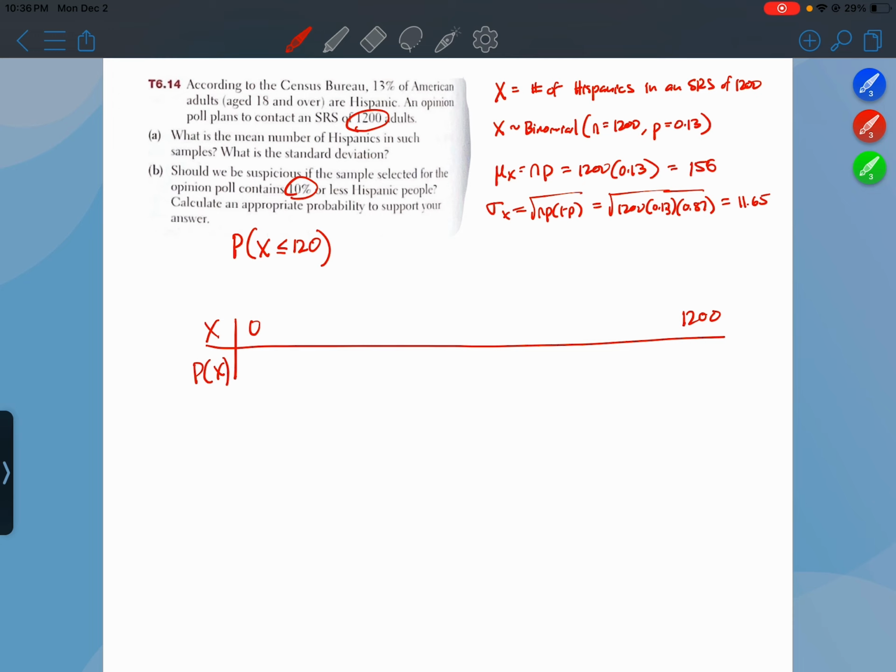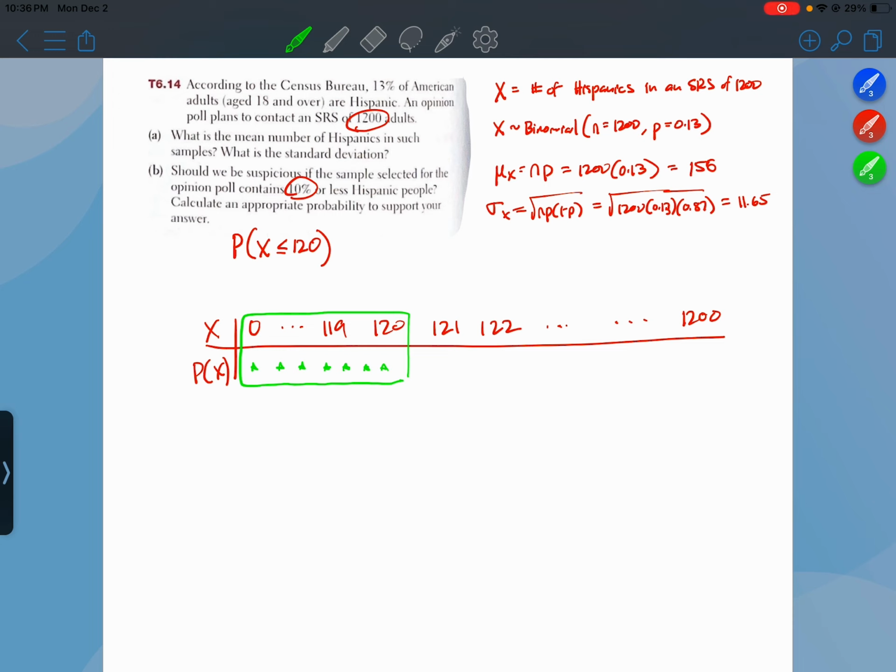Somewhere in here we could get 120, 121, 122, 119. Now what we want to do is figure out the probability of getting 120 or less. So can we find basically the sum of all these probabilities?